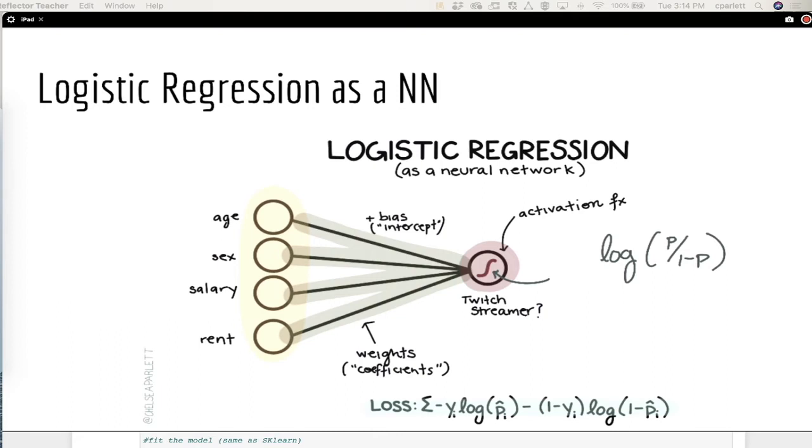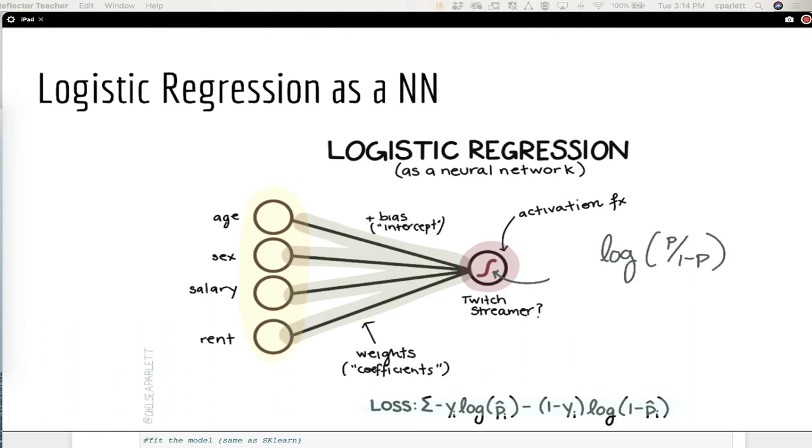And this activation function is essentially saying, I'm going to predict the log odds and I want you to return to me a probability. And so this sigmoid activation function just represents the fact that before we return the values to the user, we are going to put it through a little bit of algebra so that we can turn our log odds into a probability or even a binary 0, 1.